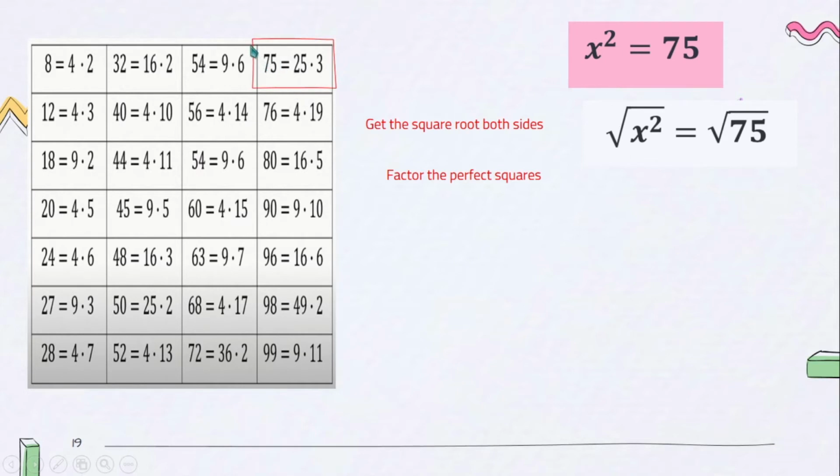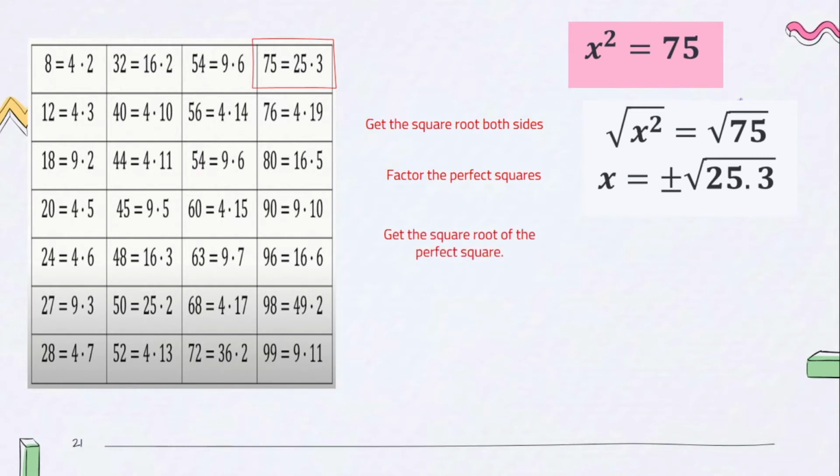We can factor this using 25 times 3 because 25 is a perfect square, right? So we will now have x is equal to positive or negative square root of 25 times 3. We have 25 times 3 because 75 is not a perfect square. So it is important to be familiar with this table to solve quadratic equations by extracting square roots.